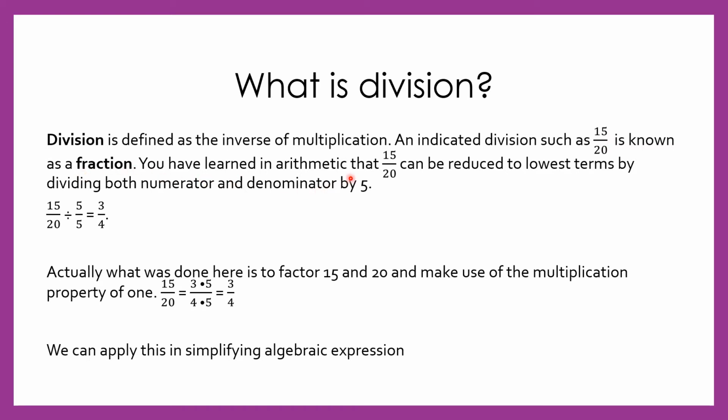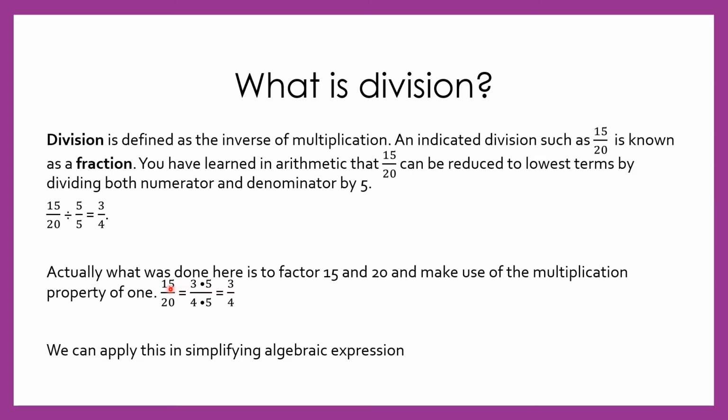You have learned in arithmetic that 15 over 20 can be reduced to lowest terms by dividing both numerator and denominator by 5. So 15 over 20 divided by 5 over 5 is 3/4. Actually, what was done here is to factor 15 and 20 and make use of the multiplication property of 1.